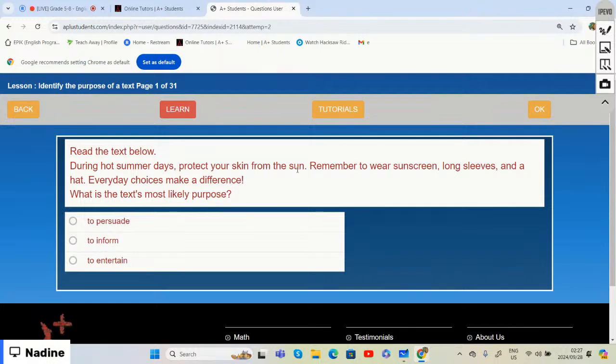We need to identify the purpose of a text. It says, read the text below, and then we say if the author is trying to persuade, to inform, or to entertain.